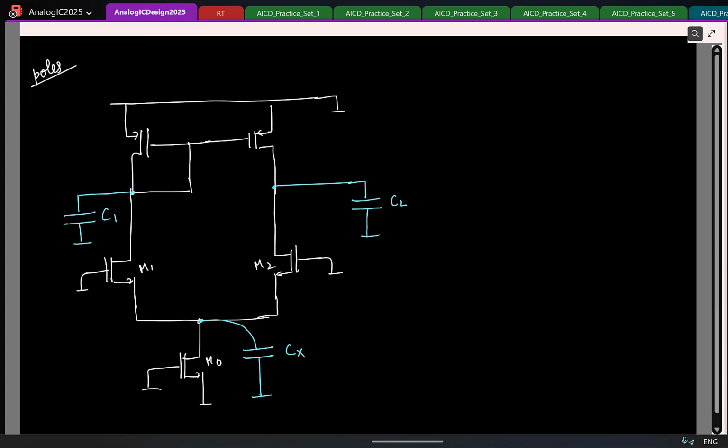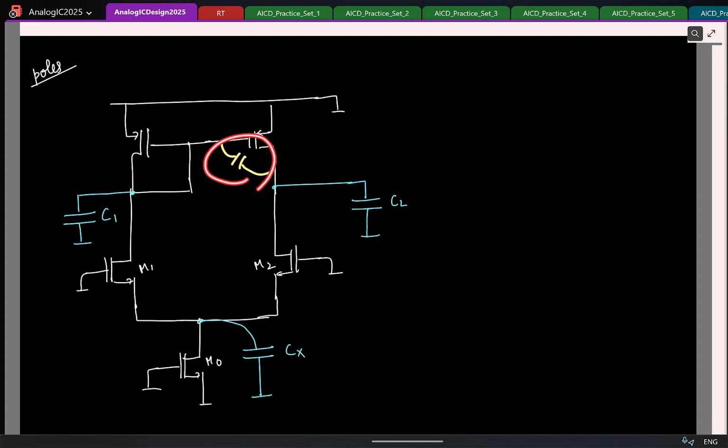So here I'll basically ignore the gate to drain capacitance, because if I include it, it unnecessarily complicates things. And in practice it's a reasonable approximation to make, because gate to drain capacitance is much smaller in magnitude compared to the gate to source capacitances. So one assumption I'll make is the following. I basically ignored CGD just to keep things simple.